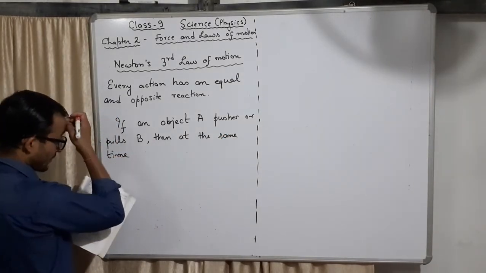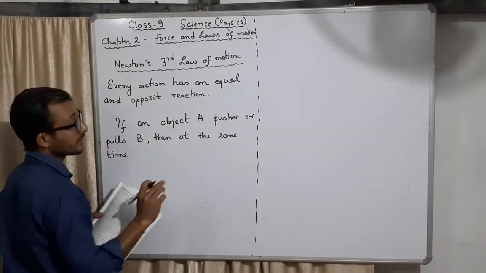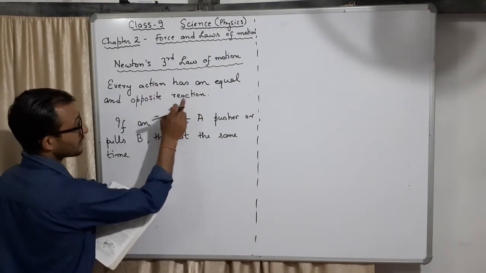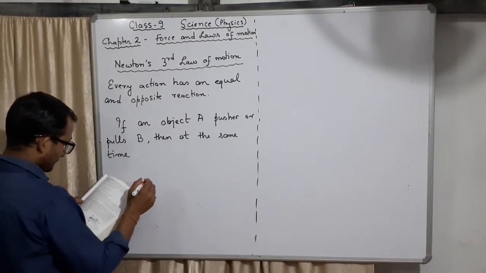You cannot say which one is before, reaction first or action first. You can say this one is the reaction and this one is the action, or this is the action and this is the reaction. Both are interchangeable.